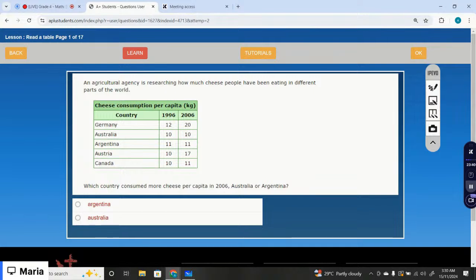An agricultural agency is researching how much cheese people have been eating in different parts of the world.